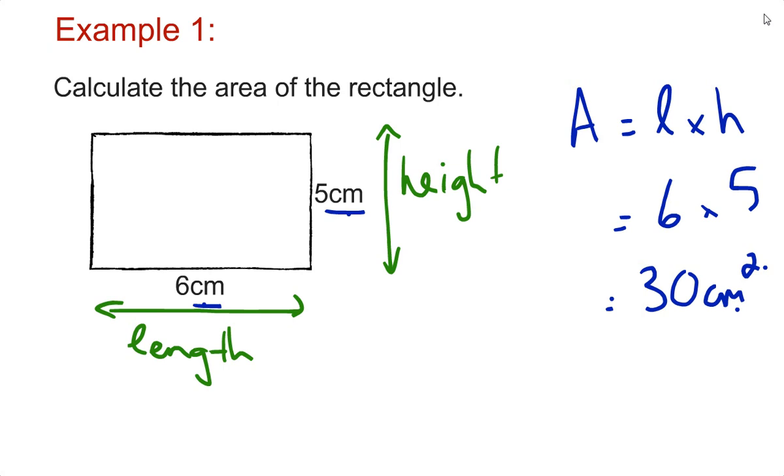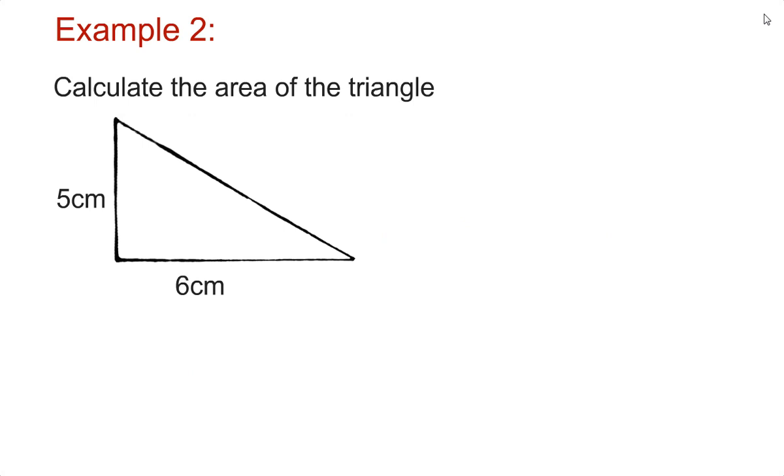So let's have a look at this one then. This is a very similar shape, only this time we've been asked to calculate the area of a triangle. Well, in this case, if we did the area is equal to length times height, that would give us the area of the rectangle.